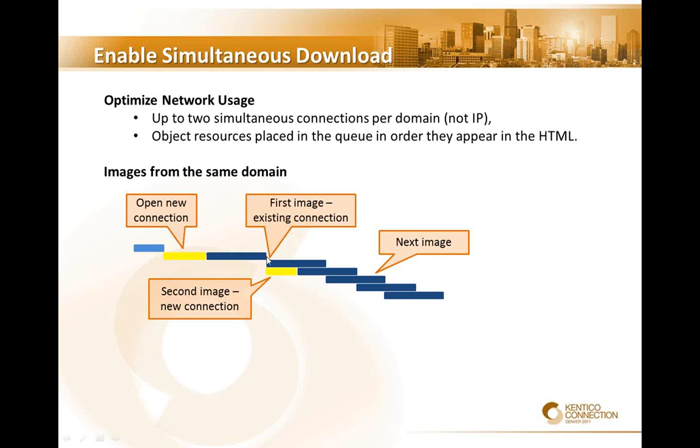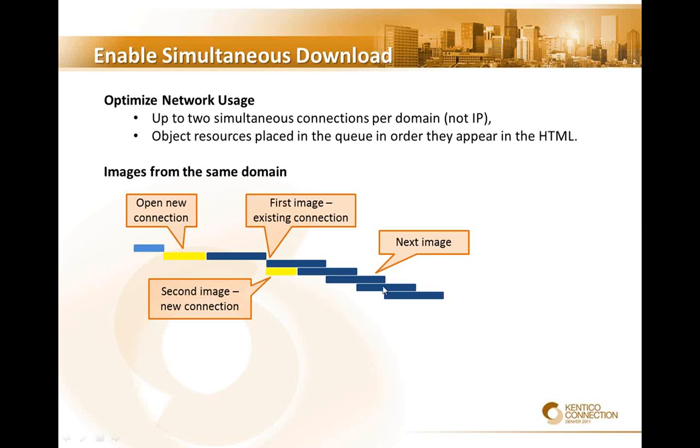So there is the first image, and the browser is using the existing connection that was used to retrieve the initial response, and is using this connection to retrieve the first image. At the same time, it can open another connection, because 2 connections are allowed per the same domain, so another something.com connection is opened, and the image is retrieved.